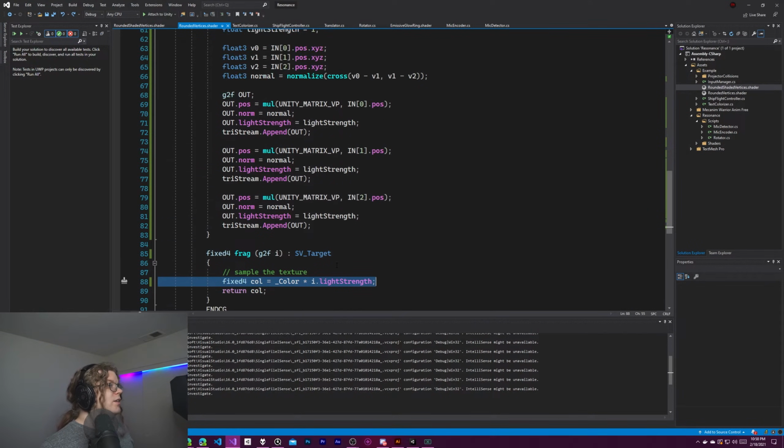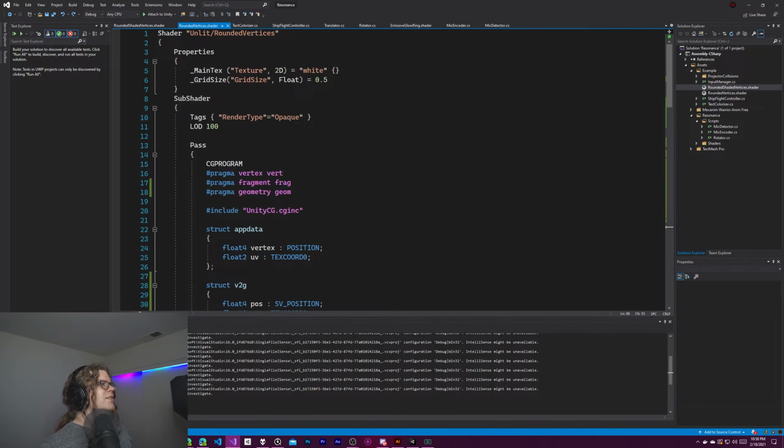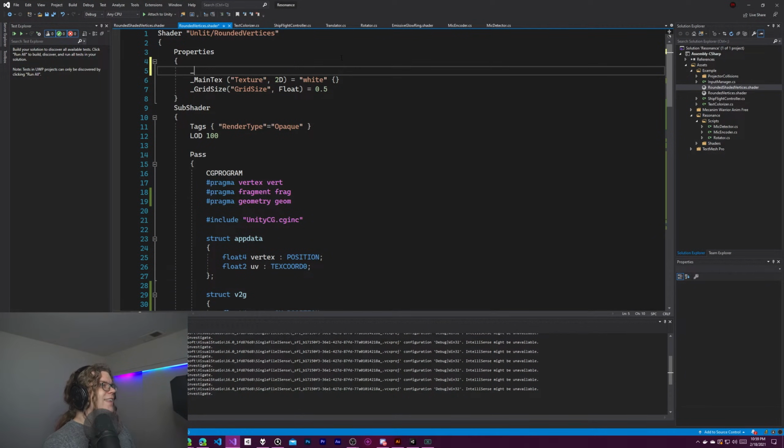Undeclared identifier color. So there is no color? No. Well, that's annoying. Let's add that. Color. Sure. The color. And we're going to choose white. That's not how that works. Yeah.